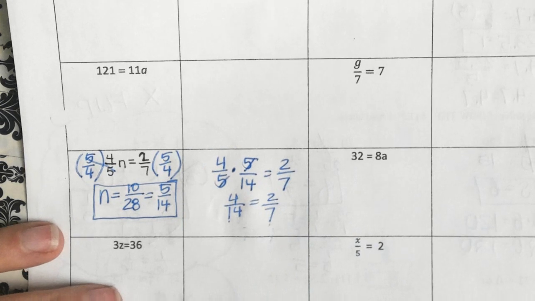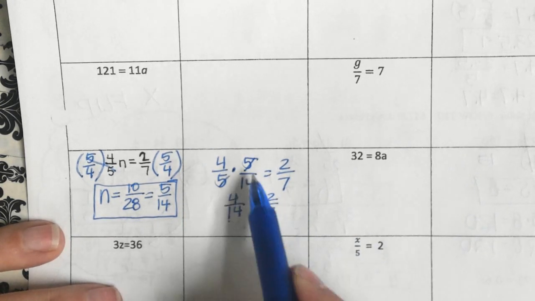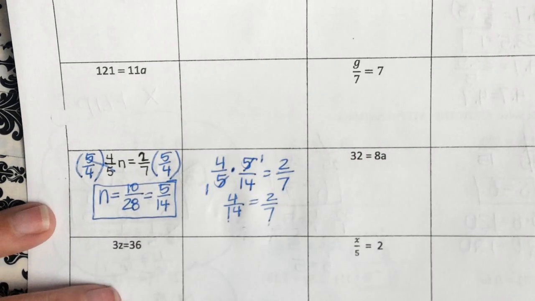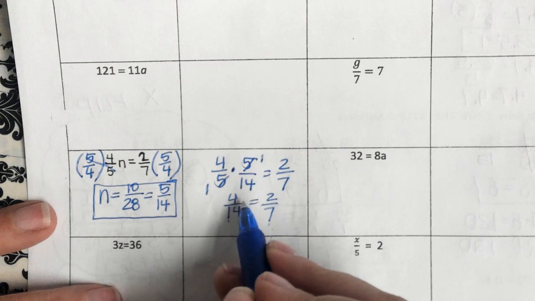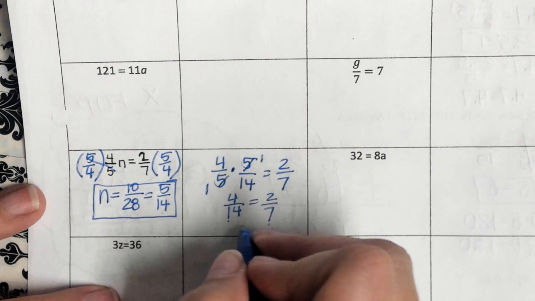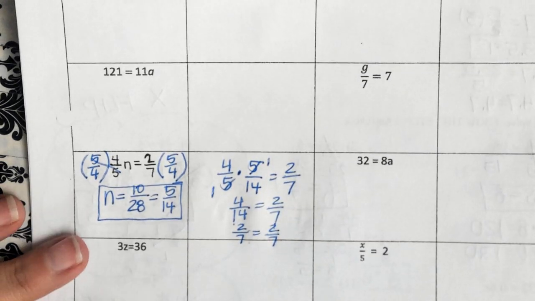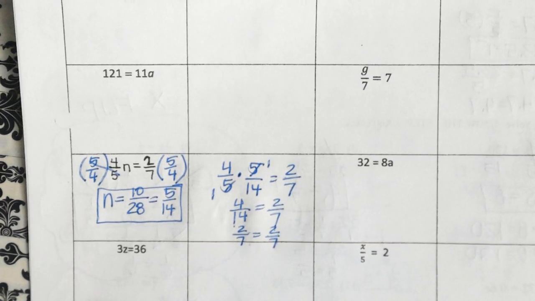Just remember when we multiplied fractions and we did cross canceling? That's all I did. And I did the 5s because these would both become 1s. So 4 times 1 would be 4, and 1 times 14 would be 14. Does that help a little bit? But even if you didn't cross cancel, if I just went straight across, that would be 20/70, which then we can drop both our zeros and it'd be 2/7.